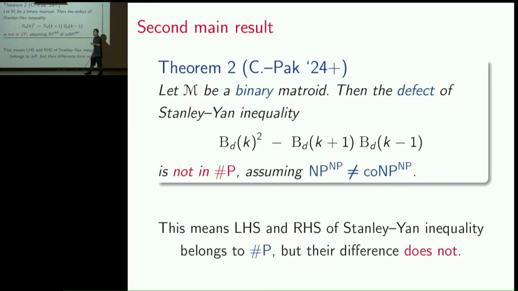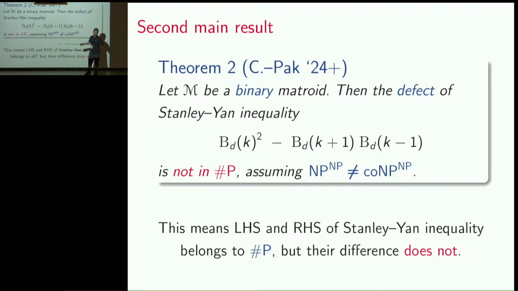Okay? Now, notice that the left-hand side and right-hand side of this inequality both have combinatorial interpretation. They are both counting the number of bases of something. In particular, they are in sharp P. So this means that this number is actually not very big. And there are indeed many inequalities in combinatorics that do not belong to sharp P, but usually for trivial reasons, like maybe all the numbers involved are too big, exponential to the power exponential to the power exponential.